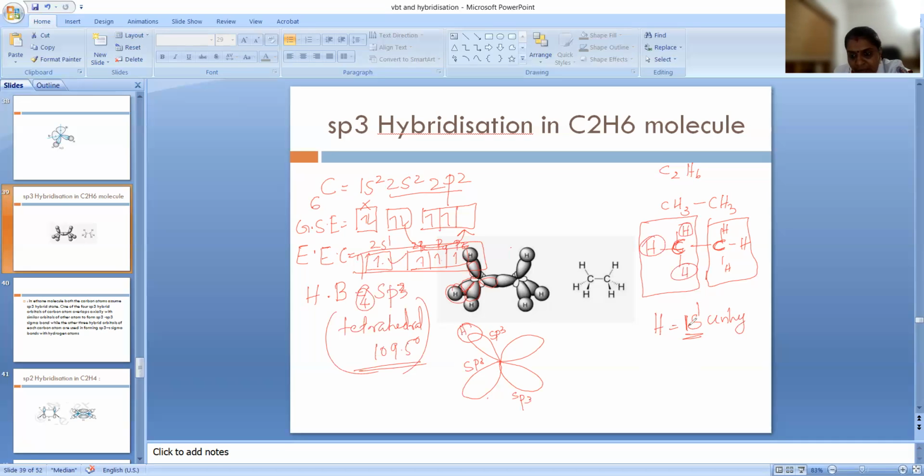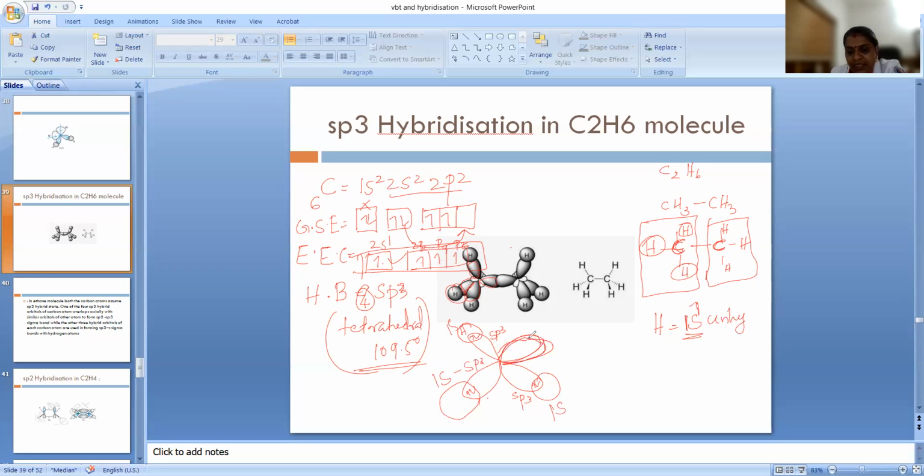The one electron present in the 1s will be overlapping with the one electron present in sp3. Each sp3 contains 1 unpaired electron, right? So here also that will take place as 1s-sp3. Okay, 1s-sp3 will bond.